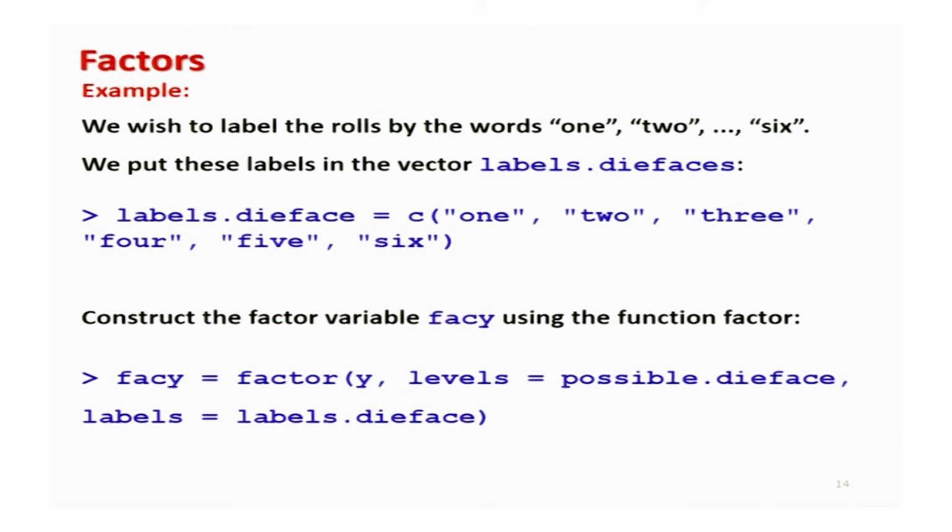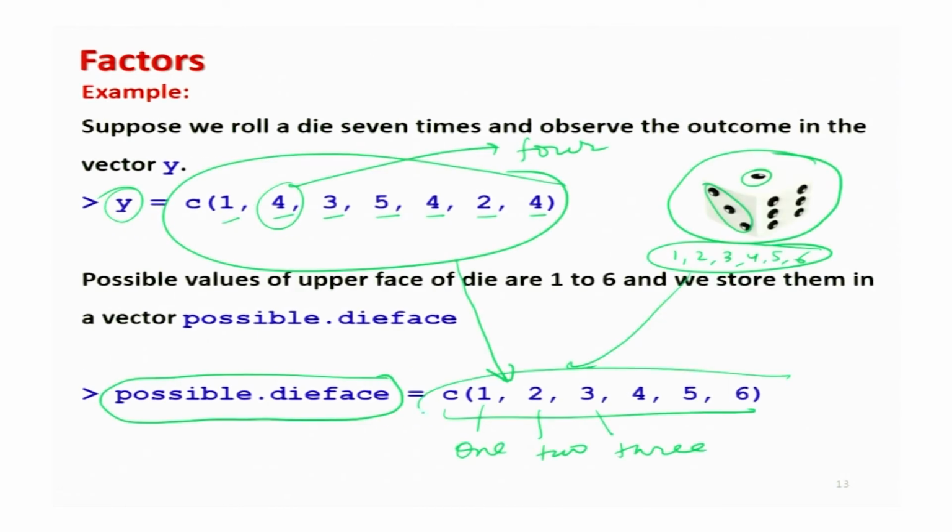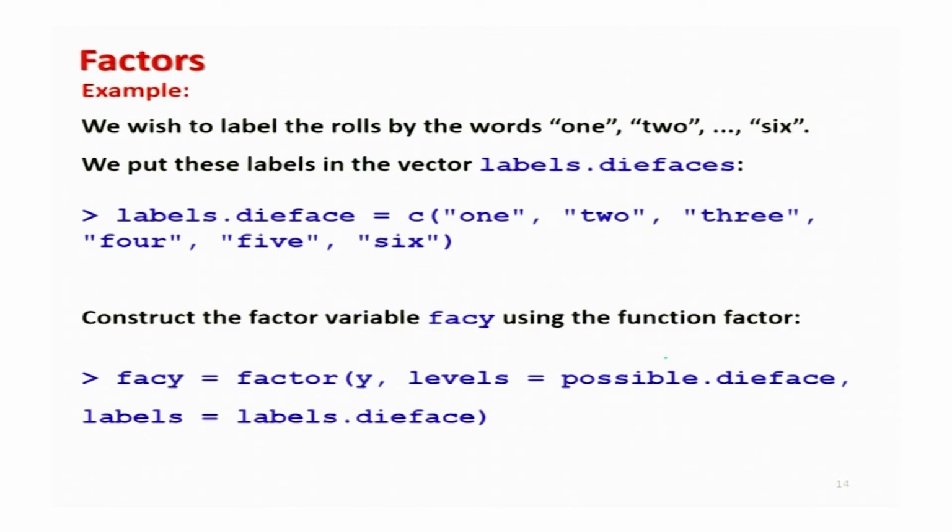First, I define the labels of this die face. For these values 1, 2, 3, 4, 5, 6, I define a corresponding data vector which has string values like ONE, TWO, THREE, FOUR, FIVE, and SIX, and I give it the name labels.die.face, right.